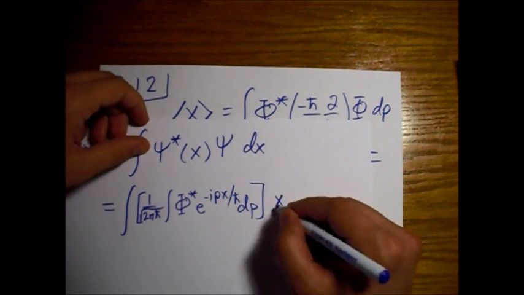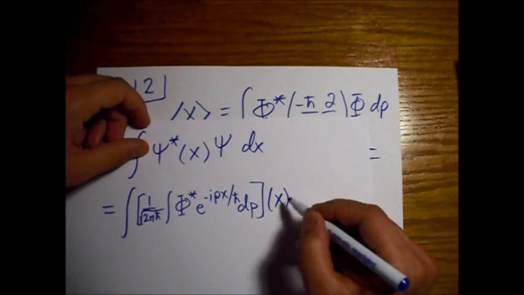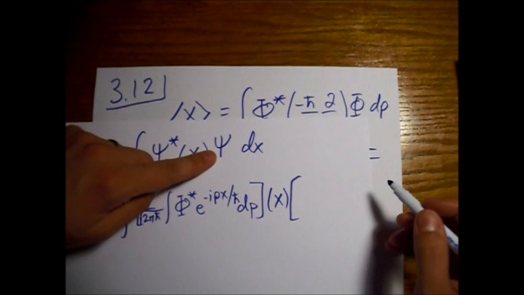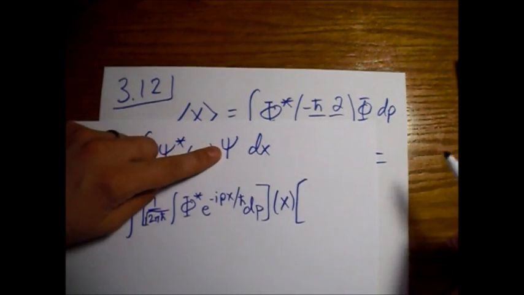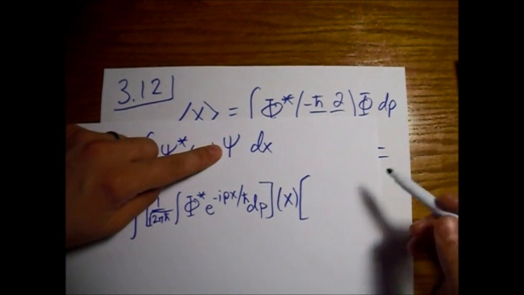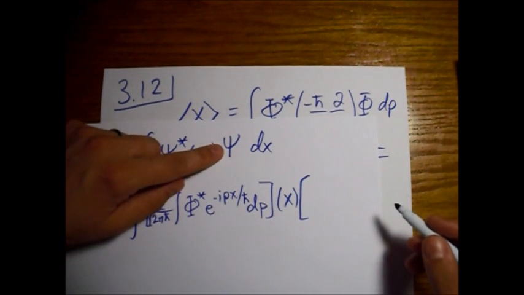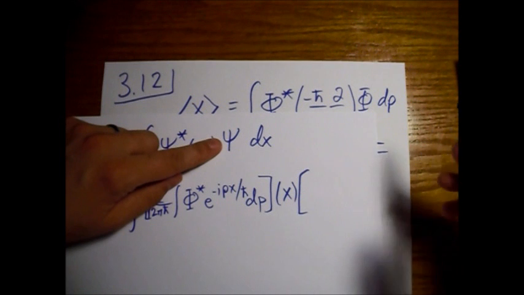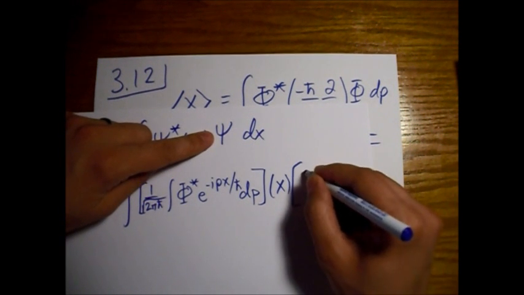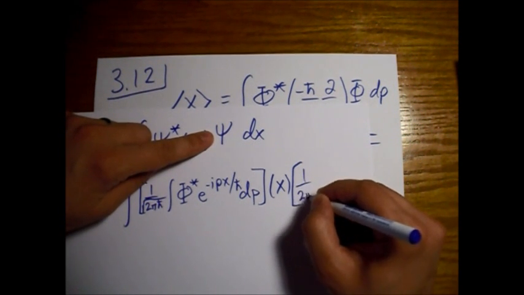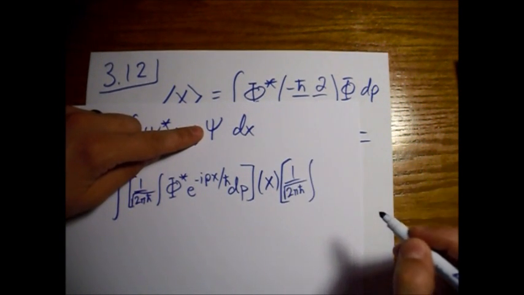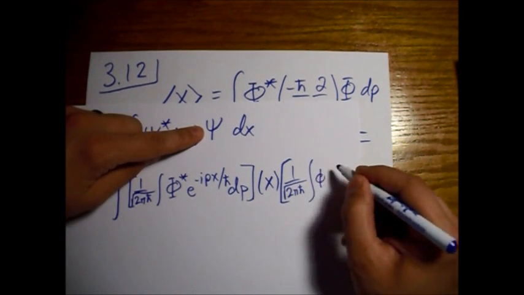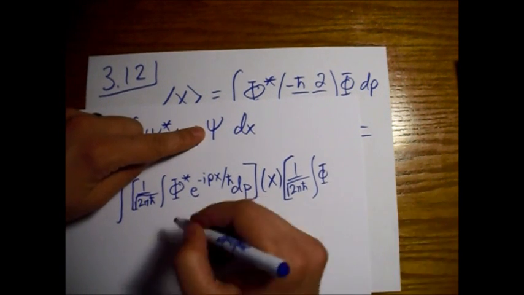Okay, so I still have my x here, and then I'm going to write the position space wave function right here as the inverse Fourier transform of the momentum space wave function. So again, we have 1 over the square root of 2 pi h bar out front, and our integral. This time there's no star, right?